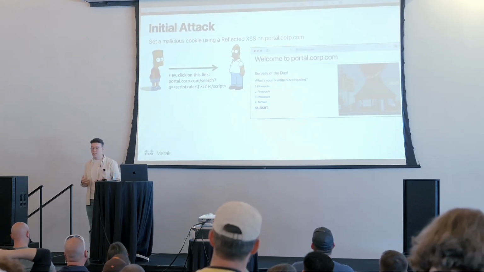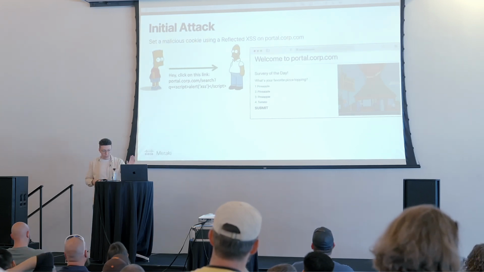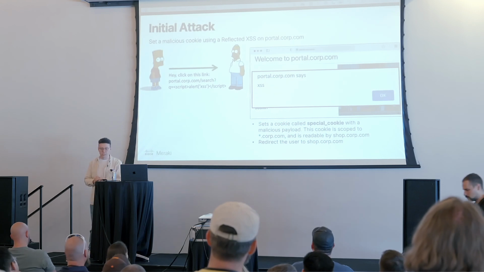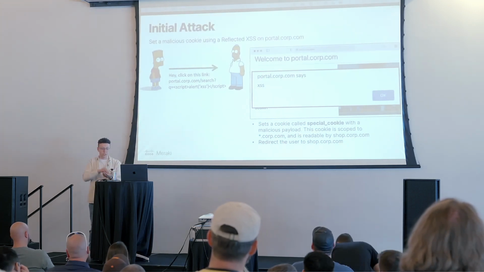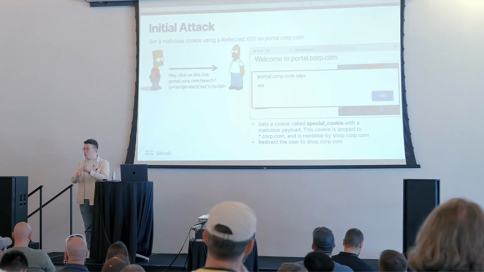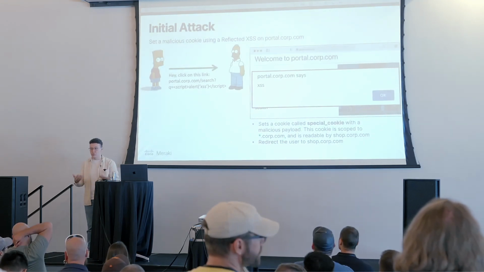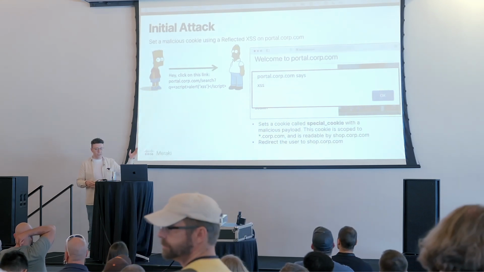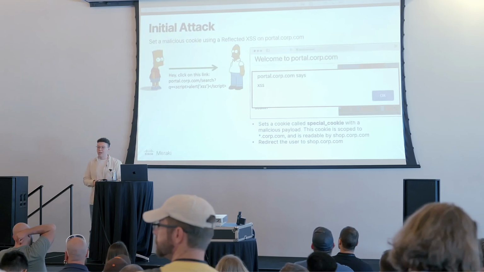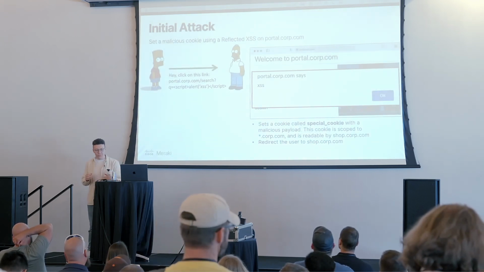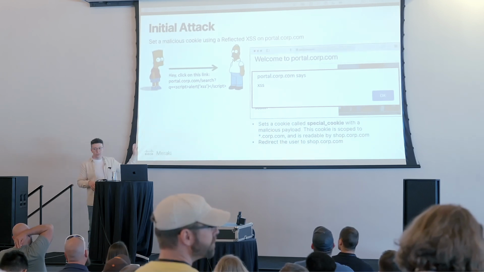What this means is if someone sends you a link like this and you click it, you're going to get a pop-up like this because the JavaScript was accepted by the user into the page. The application didn't process it correctly. It didn't encode it or sanitize it upon output when it returned it to the user. This is a very basic payload we've all learned when we were first taught about cross-site scripting on PortSwigger's Academy. But what's interesting is the actual attack was nowhere near this simple.